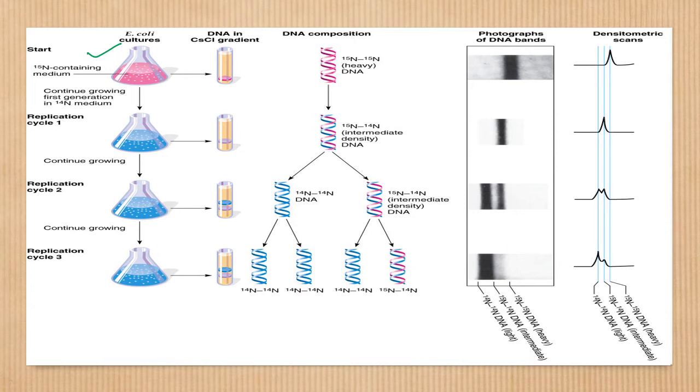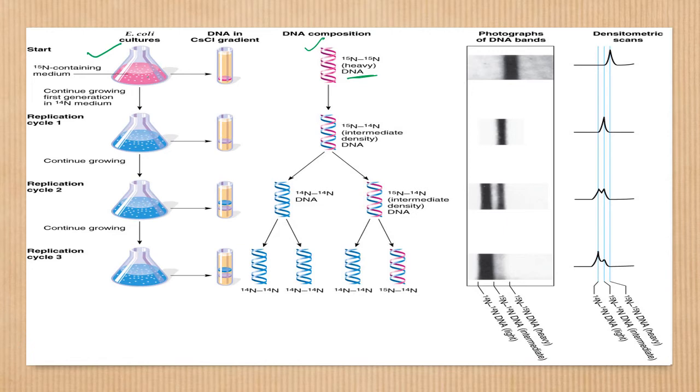We show that medium with a red color. This red indicates the nitrogen isotope N15. So the bacteria which grow in this culture have DNA like this. Remember it. It is heavy DNA, because here the nitrogen source is only isotope.